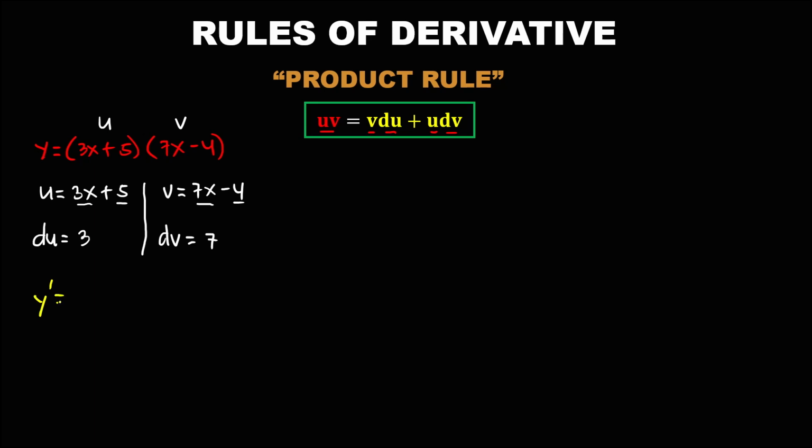Then to find now the derivative, from this formula, we have v, which is 7x minus 4, times the derivative of u, that's 3, then plus u, which is 3x plus 5, times the derivative of v, that's 7.